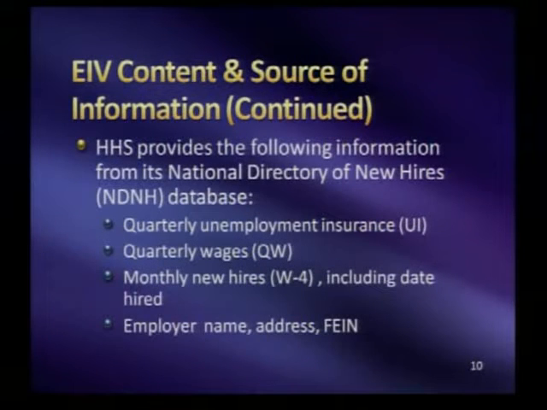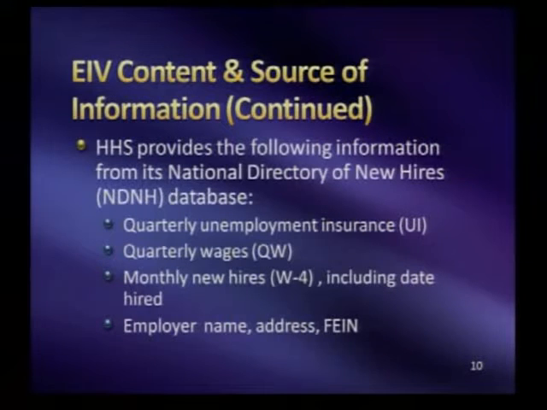Okay, now let's look at what HHS provides HUD. HHS provides HUD with data from its National Directory of New Hires database. Many folks don't know what this database is, but it's a database owned by Health and Human Services Office of Child Support Enforcement Agency, and they created this national repository of wage and employment information to assist local child support offices in identifying non-custodial parents who may have defaulted on child support orders.